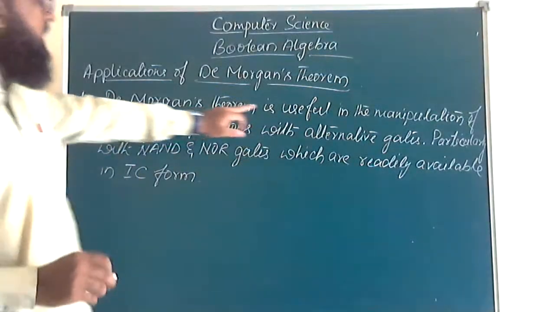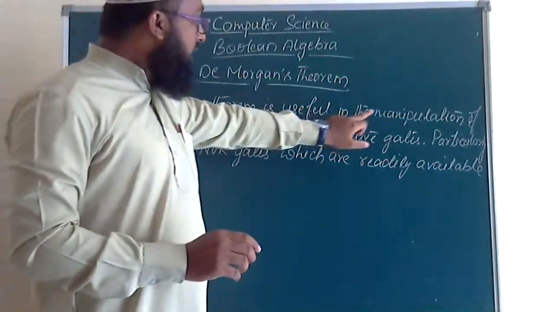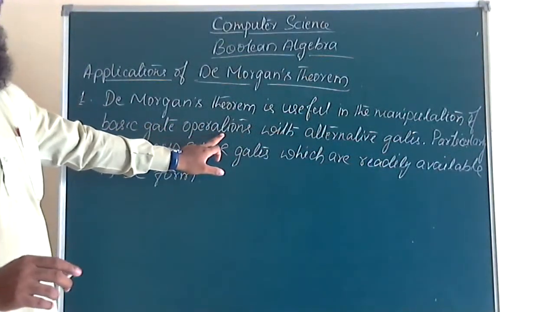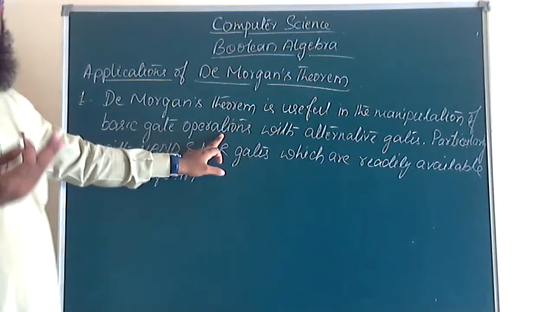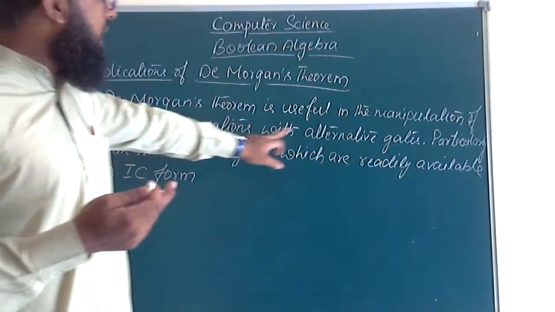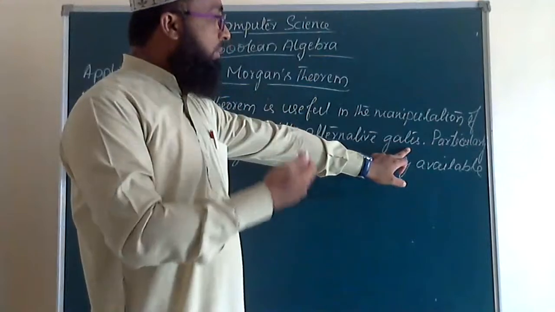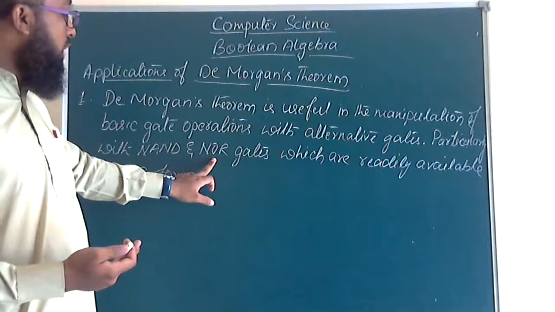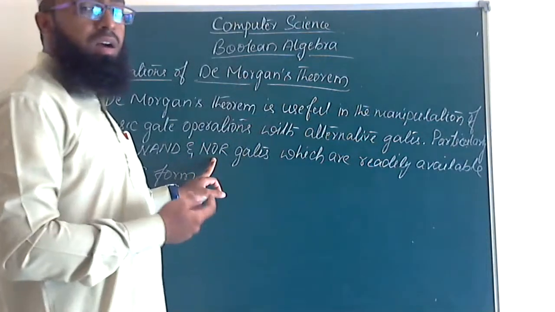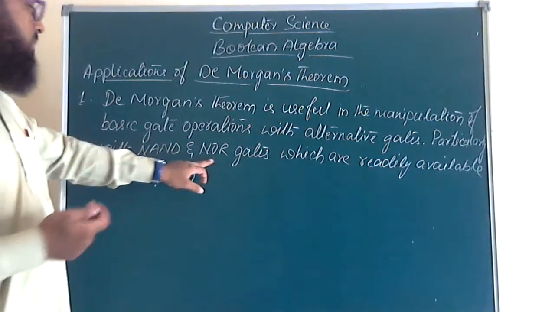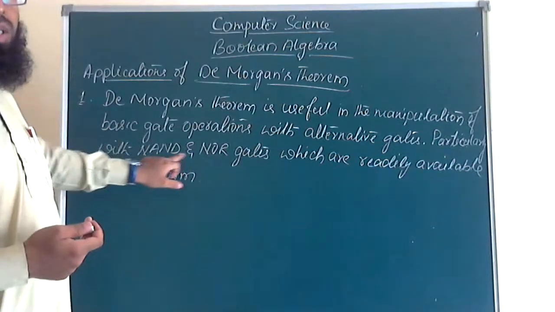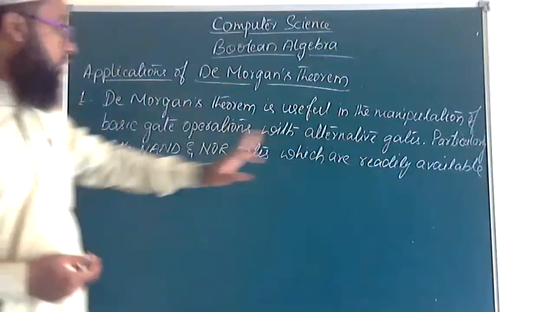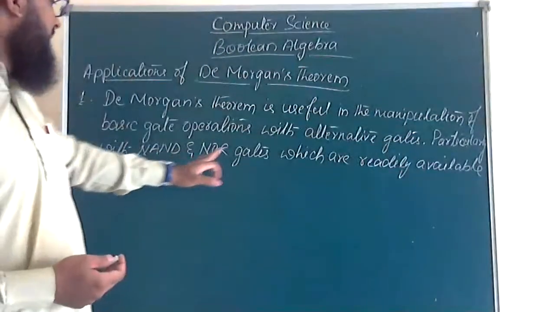That is, De Morgan's theorem is useful in the manipulation of basic gate operations like AND, OR, and NOT with some of its alternative gates, particularly with NAND and NOR gates. In our next chapter, we will discuss NAND and NOR gates.